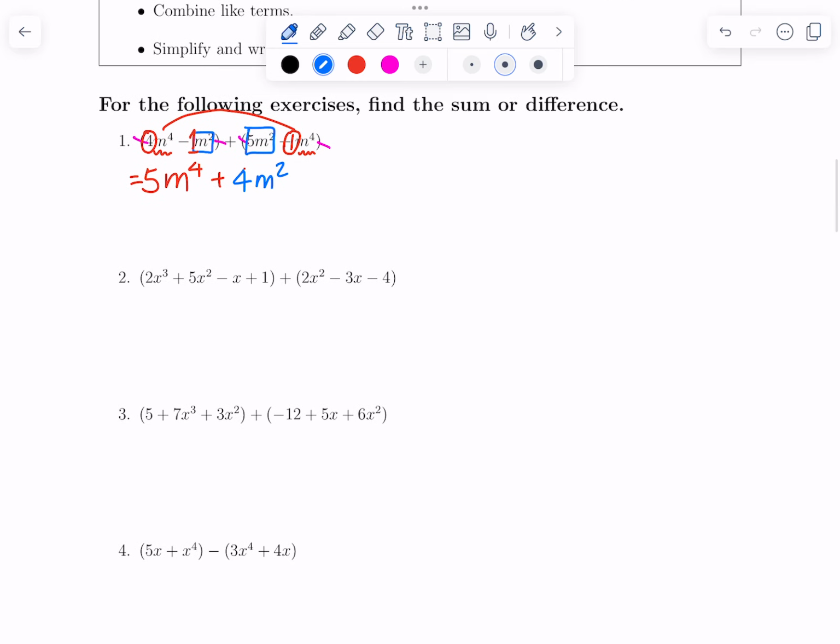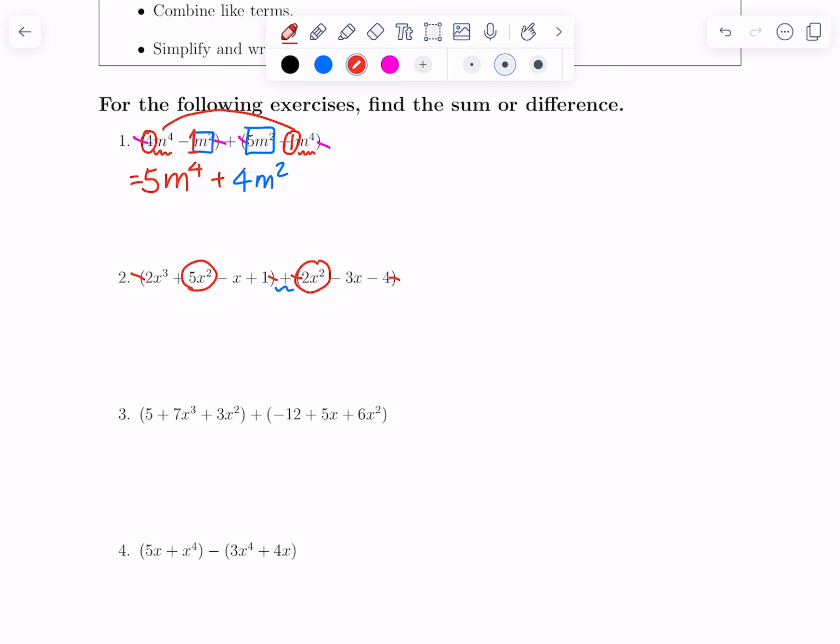The second question over here, we have so many terms, so it's a little harder, but here is still a plus. So my first step is to remove the parentheses. I don't need them. And then we're going to circle the similar terms. Here I see 5x squared. Do I have another x squared? Yes, I do.